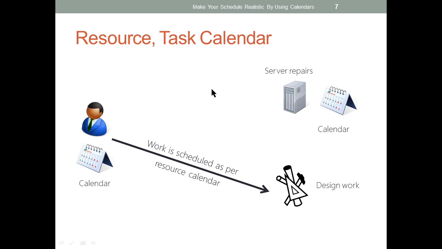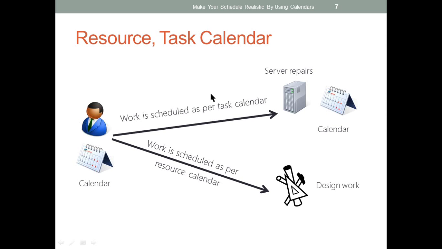Now comes a more interesting challenge. If I am going to assign John to server repairs, now we have two calendars, the resource calendar and the task calendar of server repairs. Now you might wonder, what will Project do? Remember, Project will always try to look at the common working time between the resource calendar and the task calendar for scheduling that task.